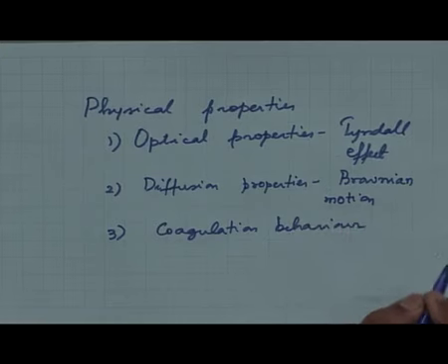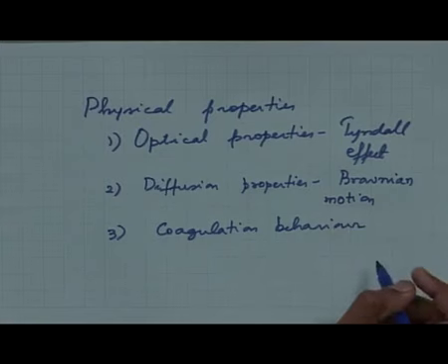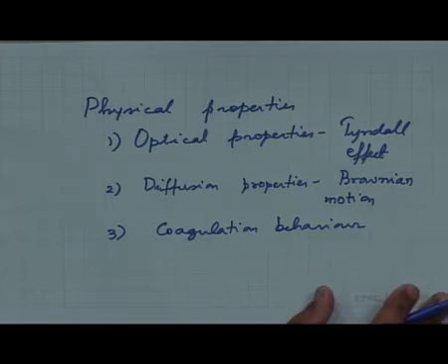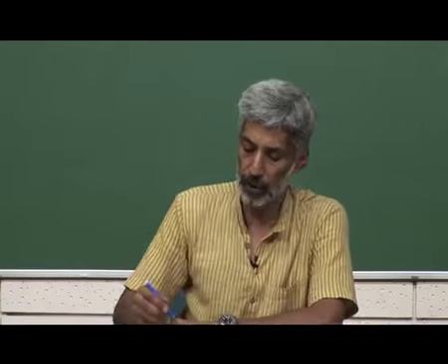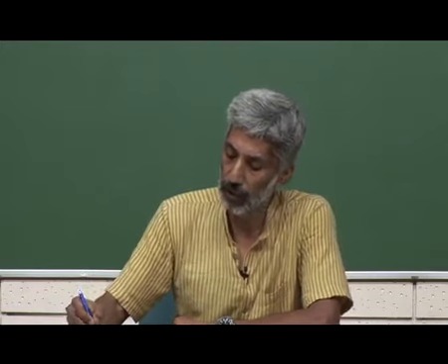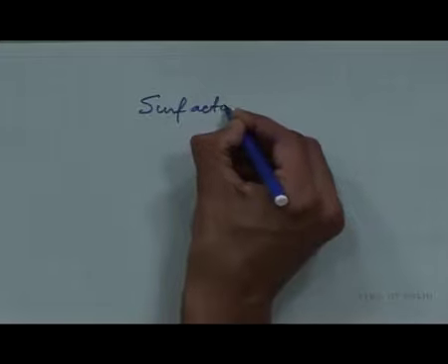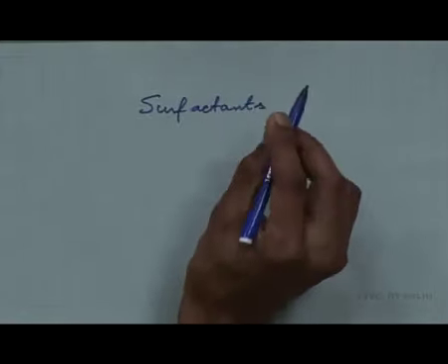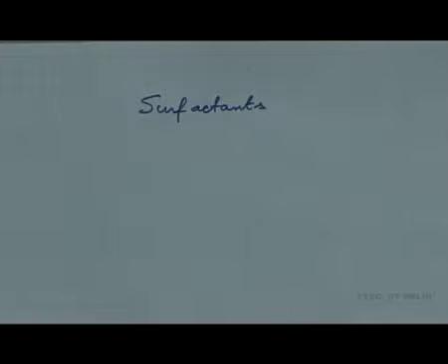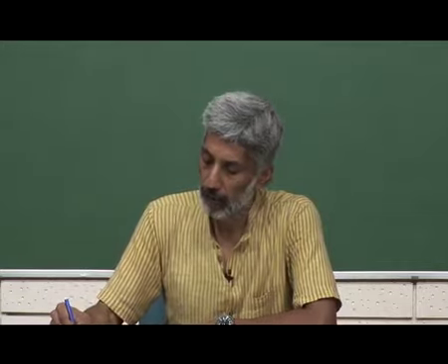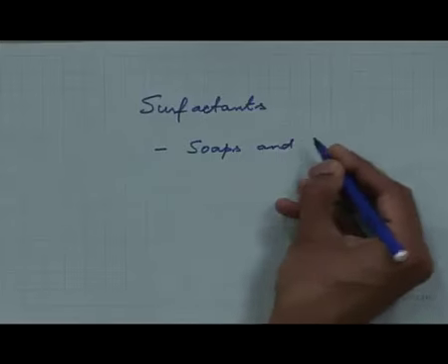of these colloidal particles. And in the rest of the time, what we will look at is an important application of surface chemistry, probably one of the most important applications of surface chemistry, and that is surfactants. Surfactants are probably one of the biggest applications of surface chemistry, and you would have seen this in soaps and detergents.